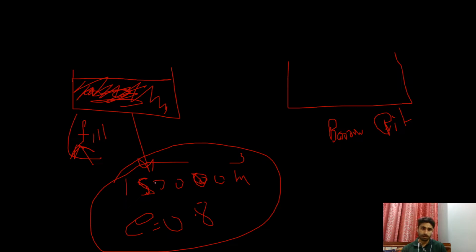But we are taking soil from somewhere, which is our borrow pit. The borrow pit has a different value of void ratio, 1.4. It has more void ratio, meaning in this soil the volume of voids is more.